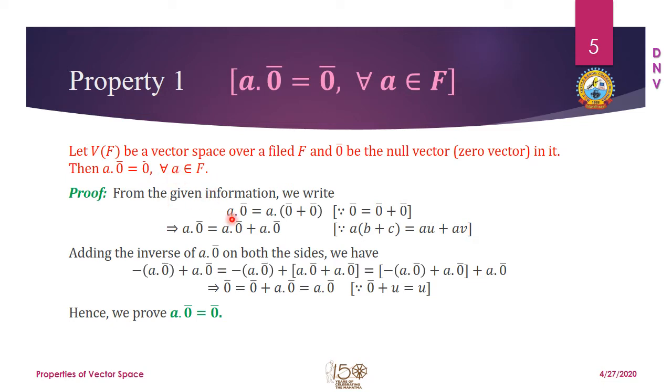We can write this with the help of the additive identity, because the vector space V satisfies 5 properties, one of which is the additive identity. We take the left hand side and write a·0 plus 0.